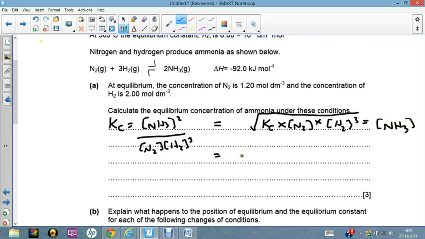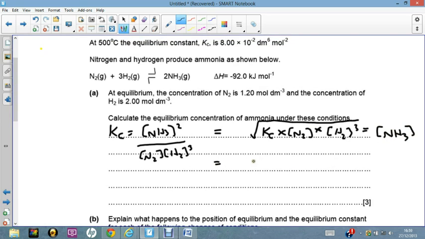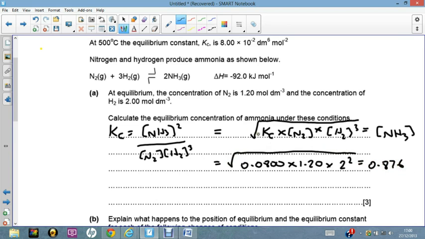If we sub all the numbers into that, so we've got Kc further up in this question, N2 1.2, H2, if we calculate that, you should get 0.876. So marks, we're going to get 1 for this expression, 1 for the rearrangement, and 1 for the answer.